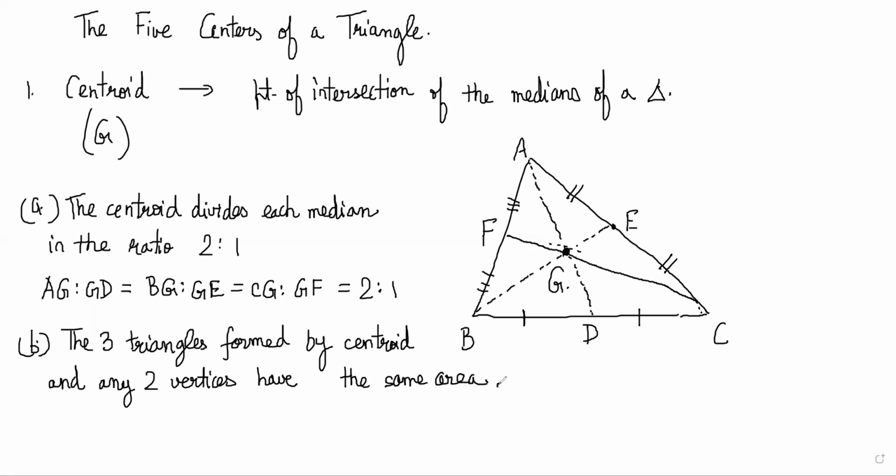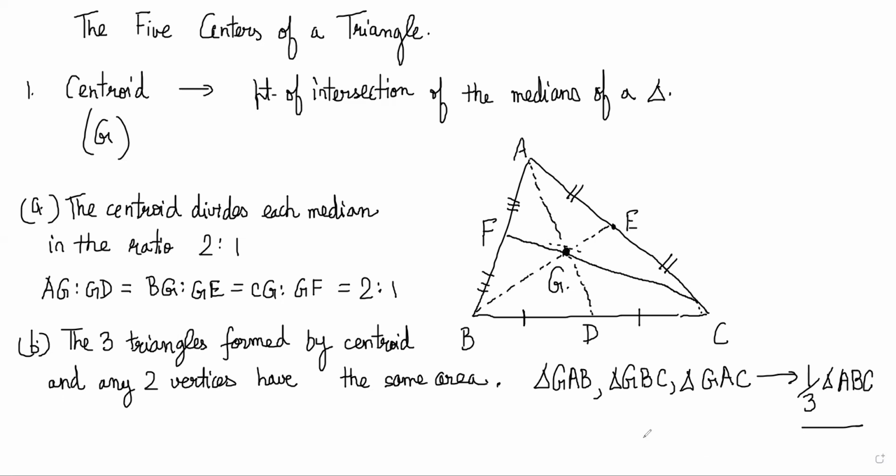So which triangles are we talking about here? We are talking about the triangles formed by the centroid and any two vertices. So that means triangles GAB, triangle GBC, and triangle GAC. These all have the same area, and that is obviously 1 by 3 of the triangle ABC's area, right?